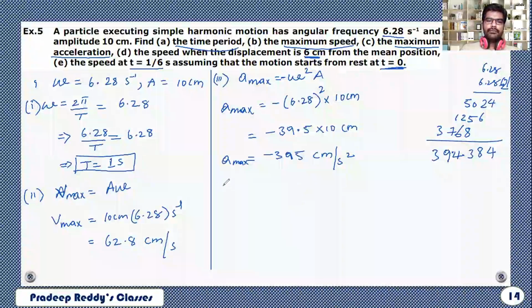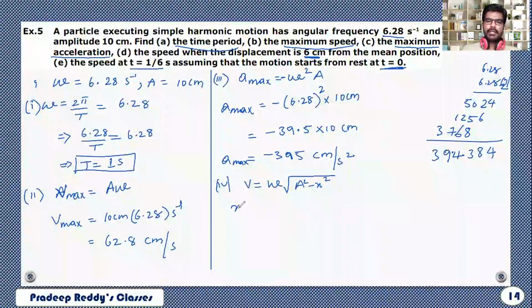Next, fourth, you are supposed to calculate the speed when displacement is 6 centimeter from mean position. Whenever you want to find out the velocity or speed when position is given, you will use this equation: V is equal to omega under root A square minus X square.